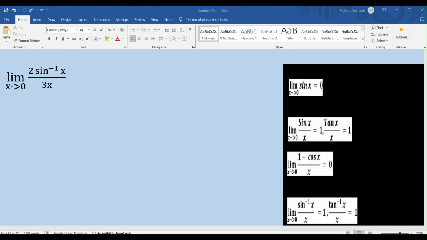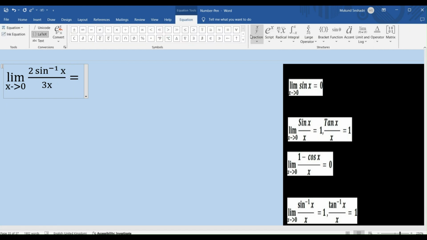We know that sine inverse of x divided by x equals 1 as limit x tending to 0. So we know that the answer for this particular question is 2 by 3. I'm going to write it like this: sine inverse of x by x.